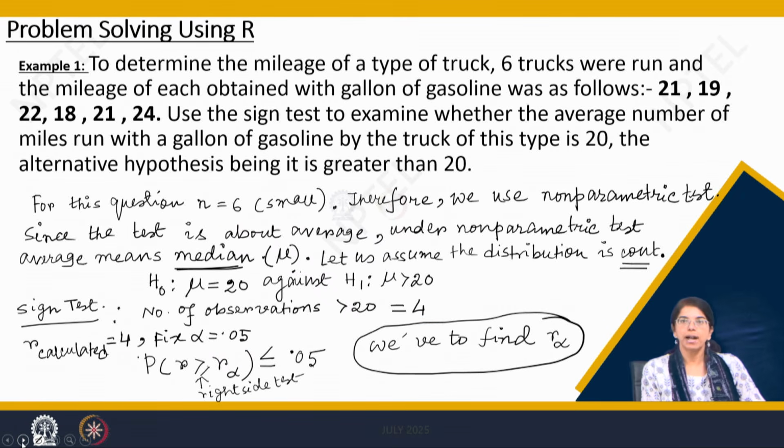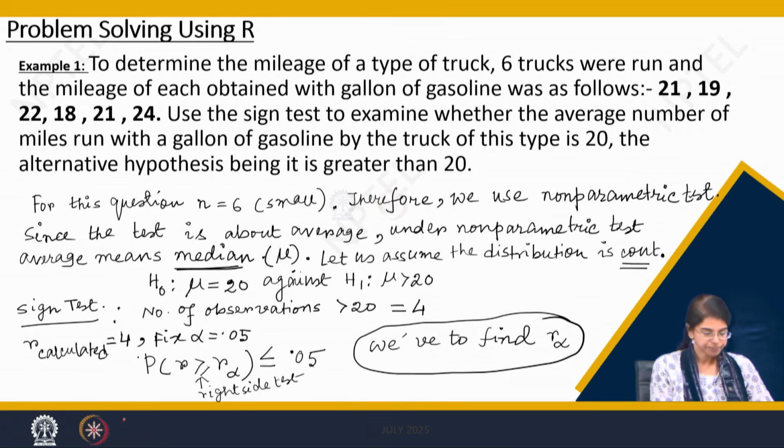Therefore, we have to find r alpha. How to find the r alpha? Either you can go manually or R is there for helping you out. So, we can directly go to our script file, write our code and find r alpha. Let us see.